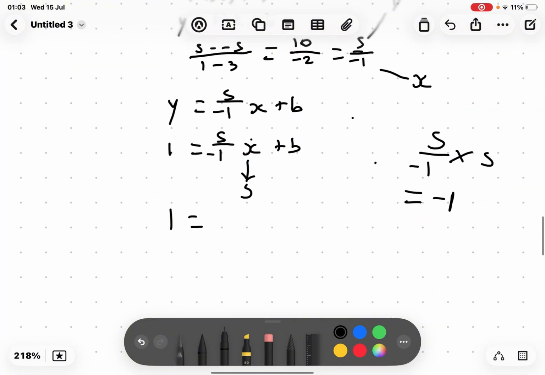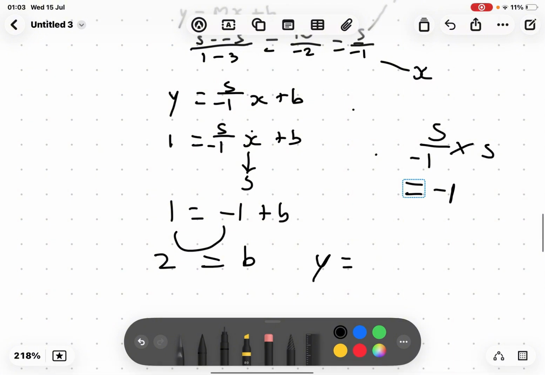So 1 equals -1 plus b, so b equals 2. And the equation will be, right. Okay, I made it completely wrong.